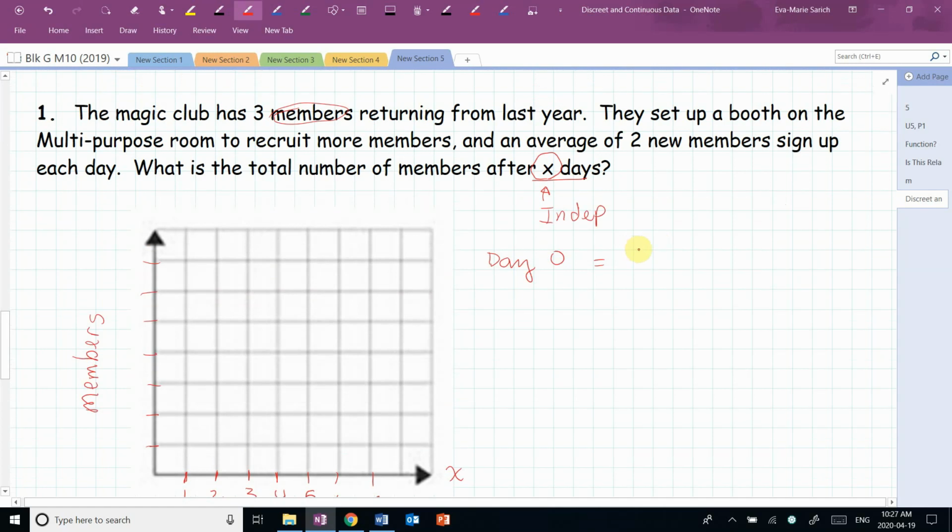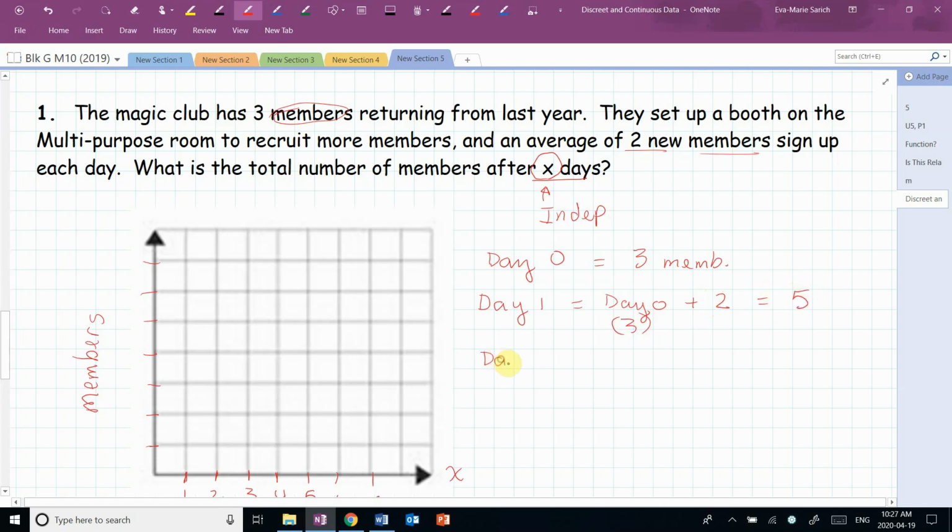So at day 0, you're going to start with 3 members. And then at day 1, you have day 0 plus 2 new members are going to sign up on that first day. So day 0, which is in fact 3 members, plus 2 new members is going to give us a total of 5.